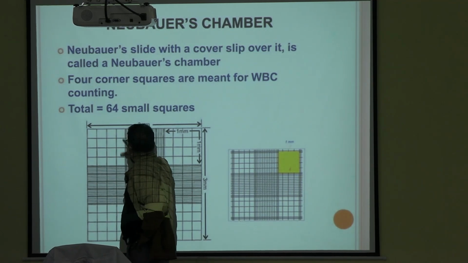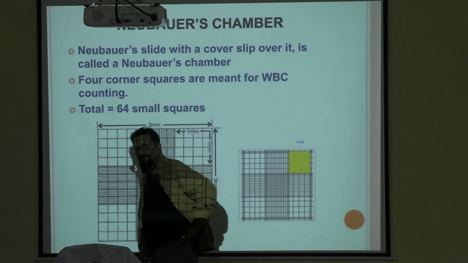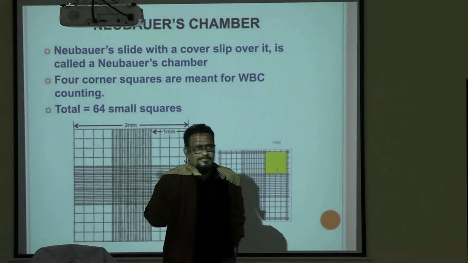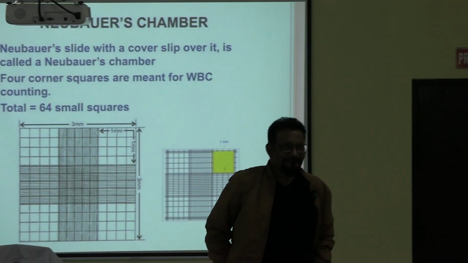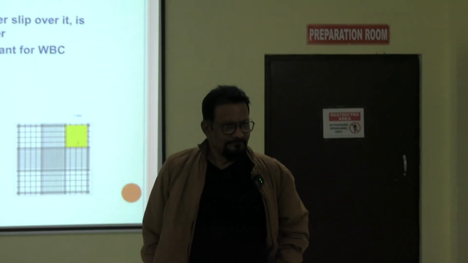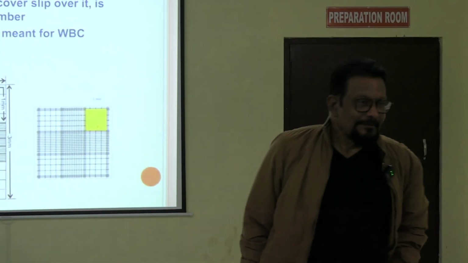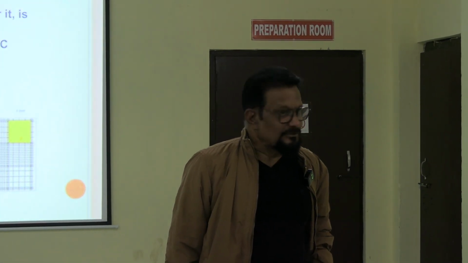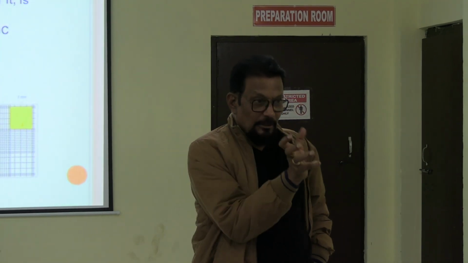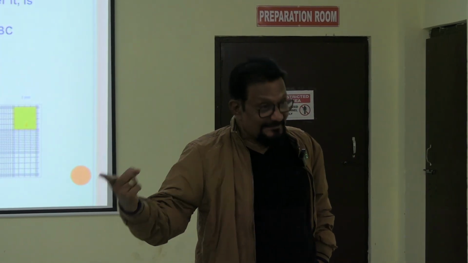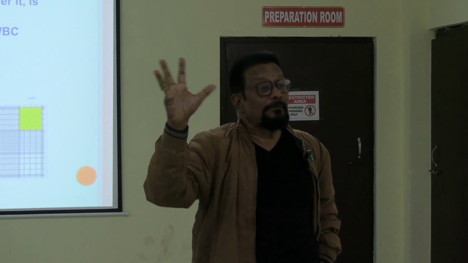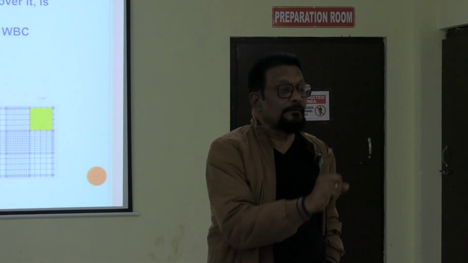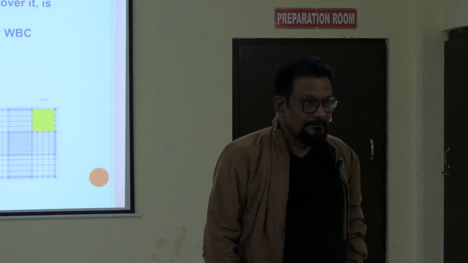Now calculate the area of this and the volume of this. Area is simple, 1 into 1, and volume is into 0.1. So this is the volume, and this much volume contains this number of WBC. So what would be the value per cubic millimeter?